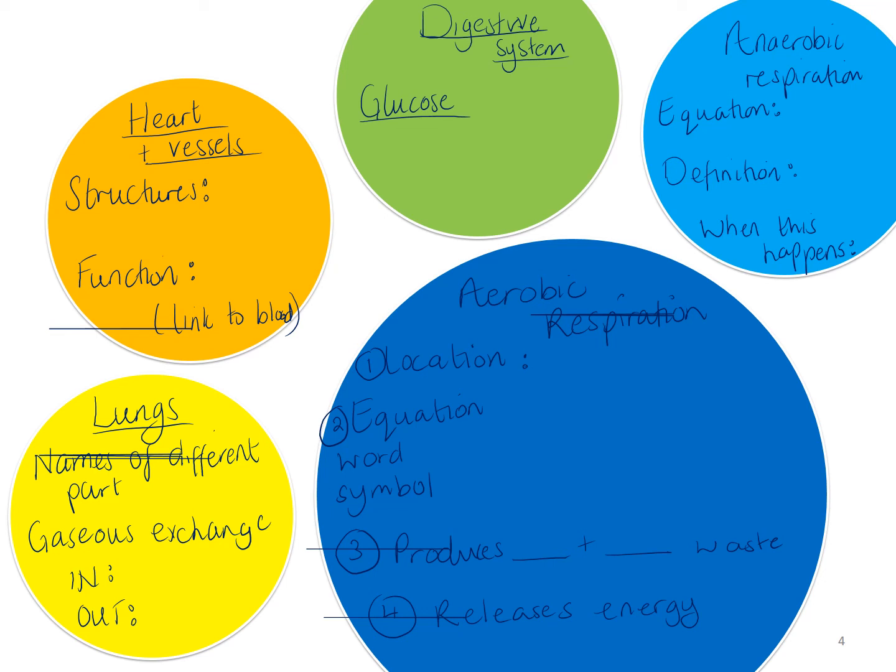Okay, so this is how I'd really like you to lay out your information. You might need like a double page depending on how big you do it. If you use just one side of A4, that's absolutely fine as well. But really, it's just a nice way to present the information that you've done in this whole topic. If there's anything else that you want to put on there as well that I haven't mentioned, like for example about the rib cage, about the diaphragm, when we did the lungs, you can do that.